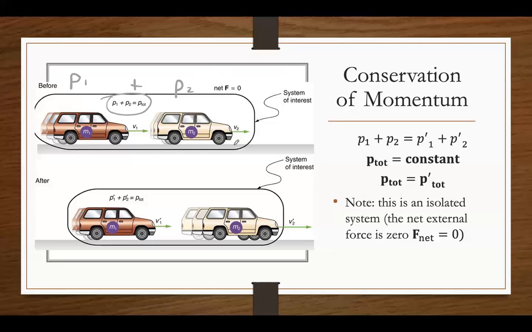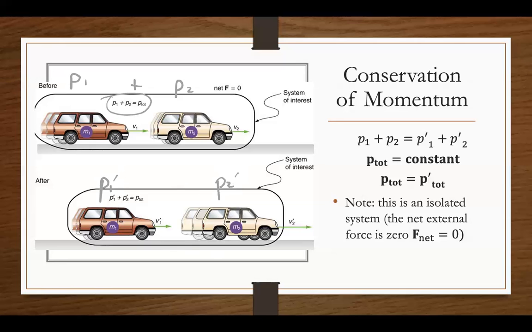so that is going to be my system of interest. Okay, now after, for this case, if they collide or something like that, we have a change in velocity, okay? Now, this change in velocity makes them have different momentums, so we can call that P1 prime and P2 prime.